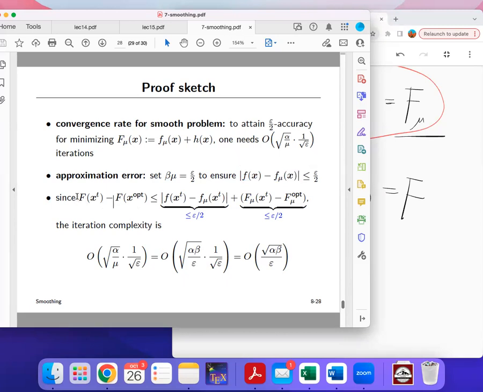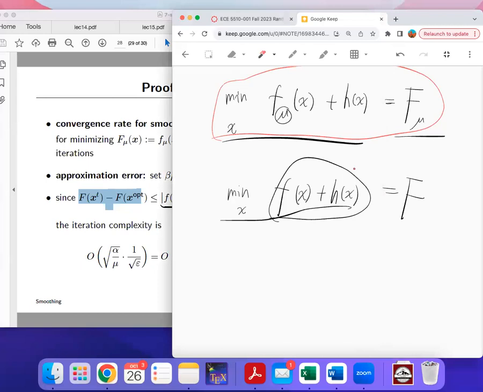And then now we can look at the optimality gap of the original problem. This is capital F. This one can be decomposed into two parts. One is the approximation error of the function f. Because if you compare this original problem with the smoother problem, the only difference is in the f part.